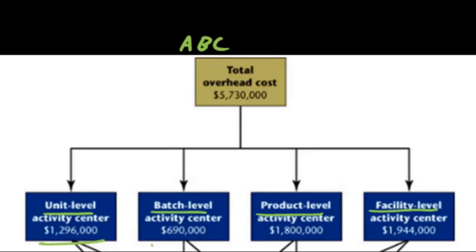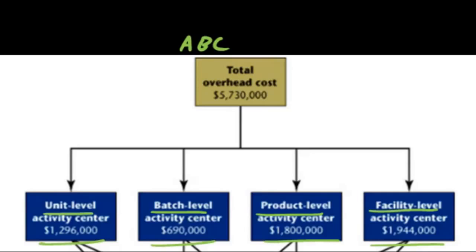You can see we allocated 1,296,000 to the unit level, 690,000 to the batch level, 1,800,000 to the product level activity center, and finally 1,944,000 to the facility level.